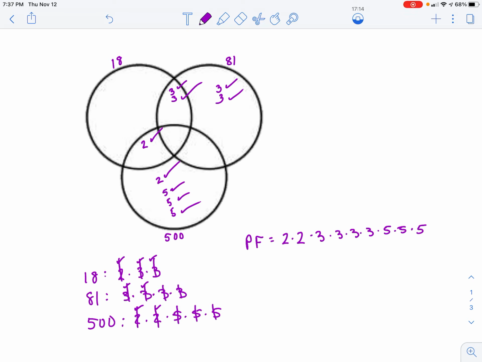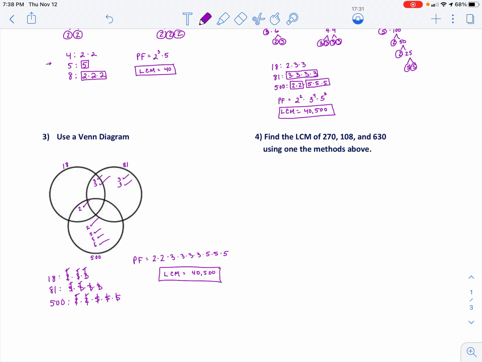Okay, and if you do the multiplication here, it's going to turn out exactly the same as it did in 2b. You're going to end up with an LCM, or least common multiple, of 40,500. But it's just another way to sort that information out.